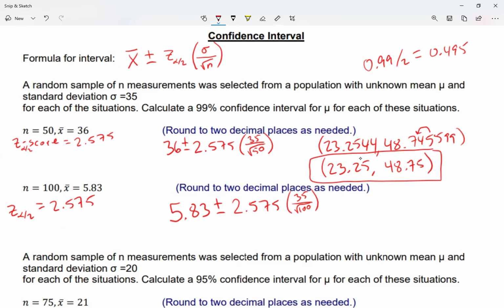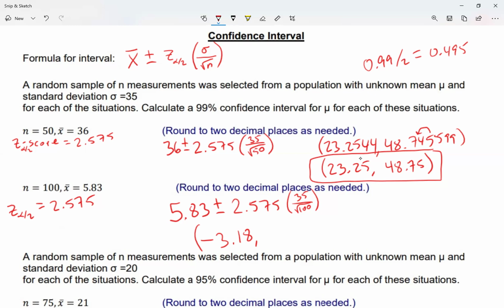So I'm going to go 5.83 minus 2.575 times 35 divided by the square root of 100. I'm going to round my answer to 2 decimal places, all right? Remember, I used the minus, so it gives me negative 3.18.